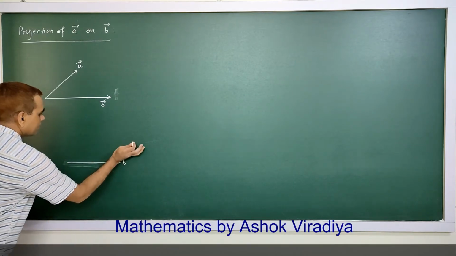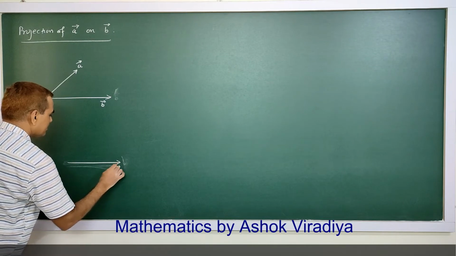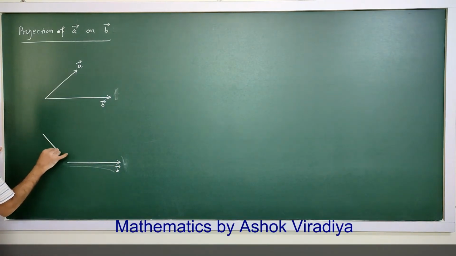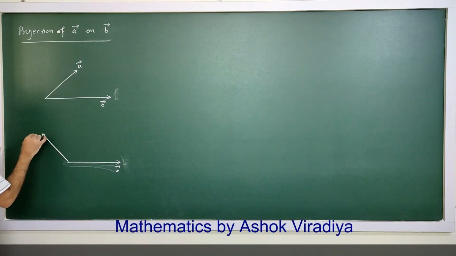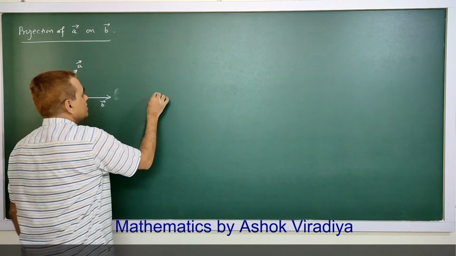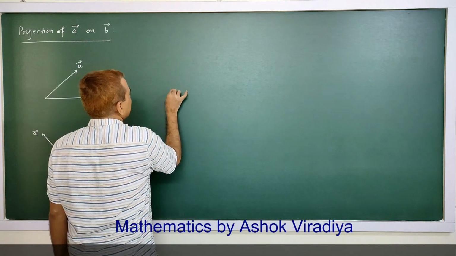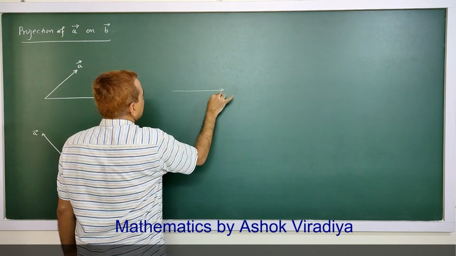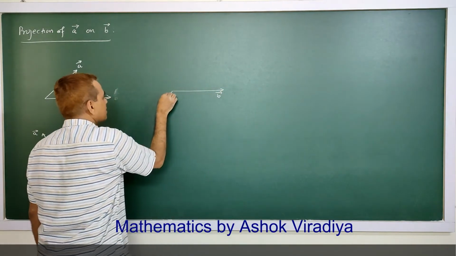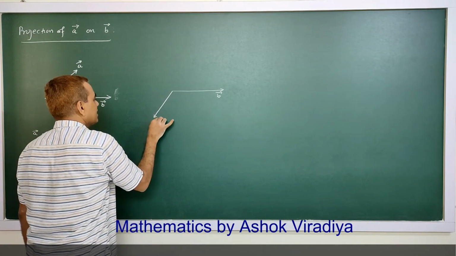This is vector B, vector A. One more diagram. This is vector B, vector A.